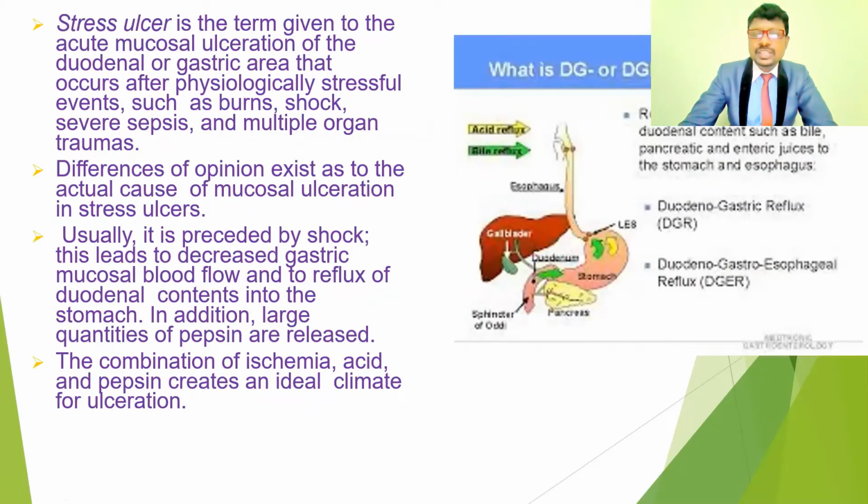That is the pathophysiological change. These ulcerations cause more damage, especially to the mucosal walls, and excessive secretion of acid, so it may give duodenogastroesophageal reflux.